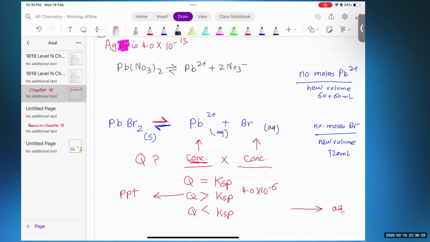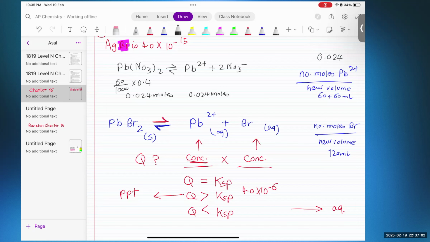So 60 over 1000 multiplied by 0.4 gives 0.024 moles, which gives me 0.024 moles of lead.